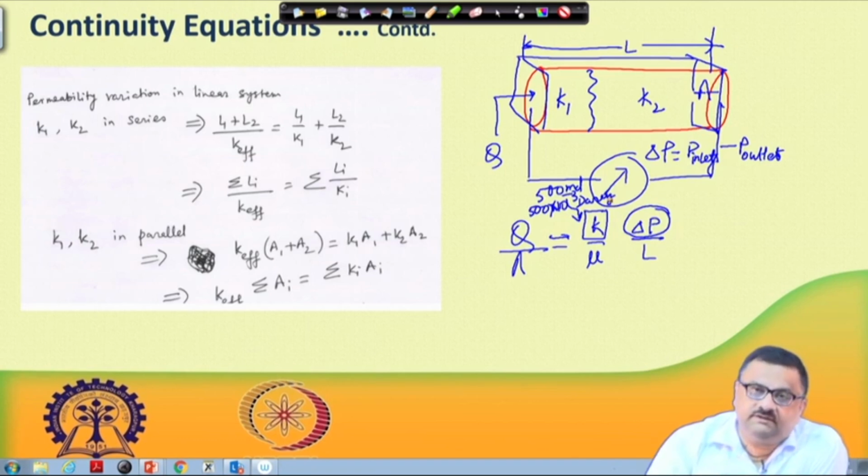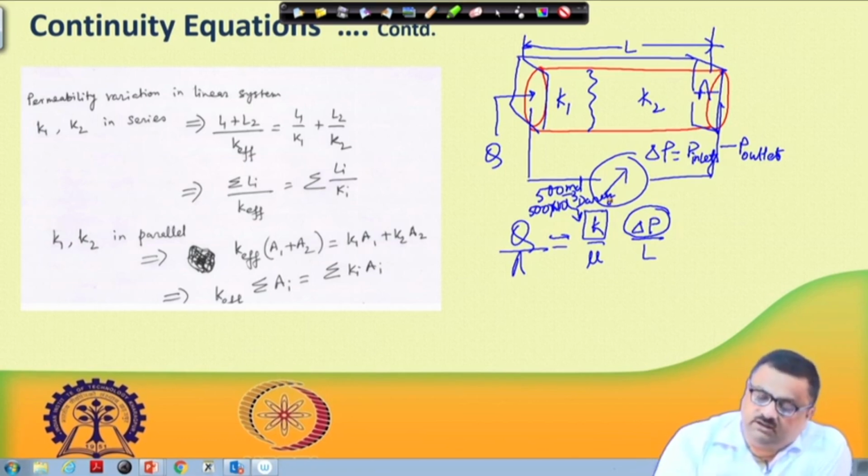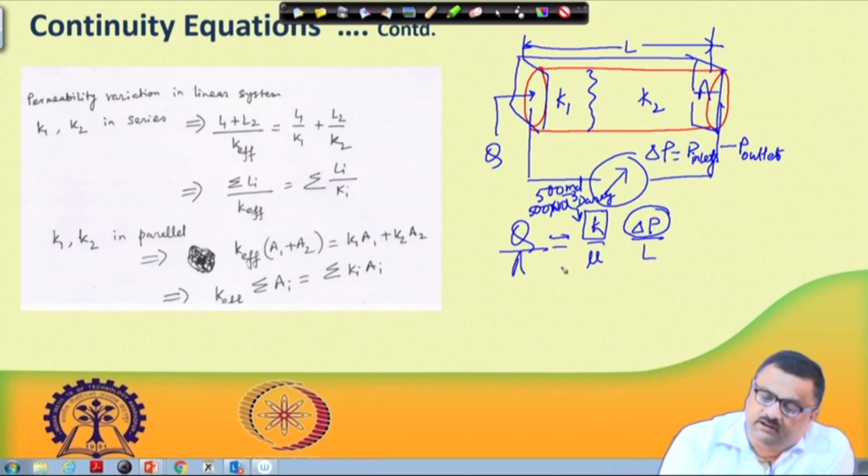Let us say I give you this K. So, you can find out immediately the corresponding delta P, flow rate being known.